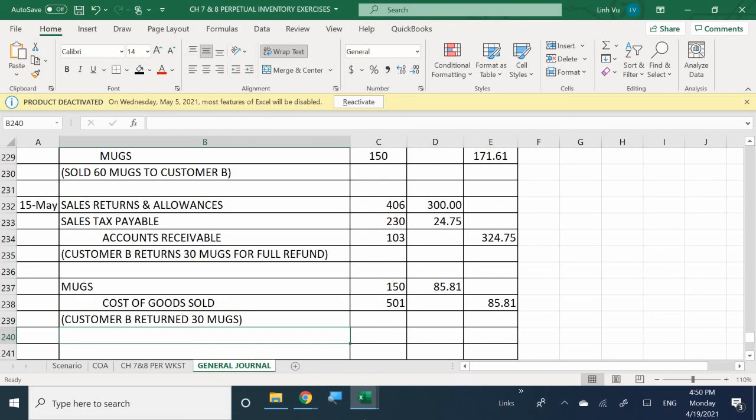Not that it matters whether you know who returned it, but it's good to know that you kept track of your inventory, saying, I sold this to customer B, but they returned it. It's up to you if you want to make specific notes on that.